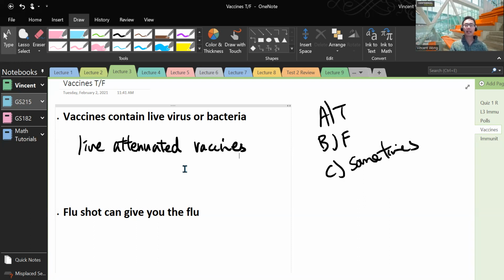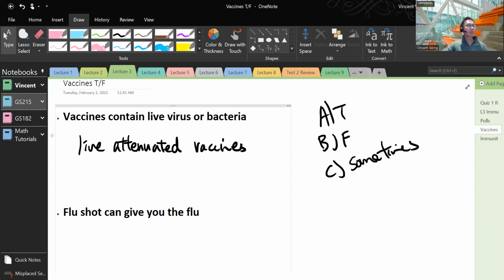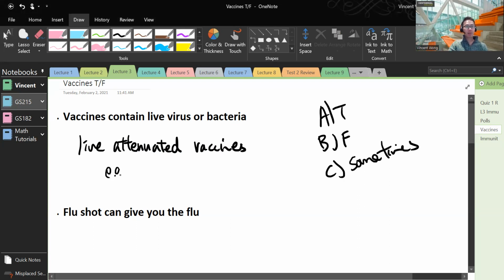So even though they are very good in terms of creating a strong immune response, they are not always going to be the best form. Okay, so some of them contain live viruses and bacteria. Does anybody have any examples of a live attenuated vaccine? Anybody have an example that they know of?